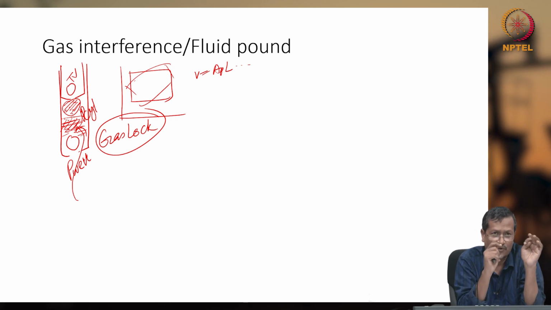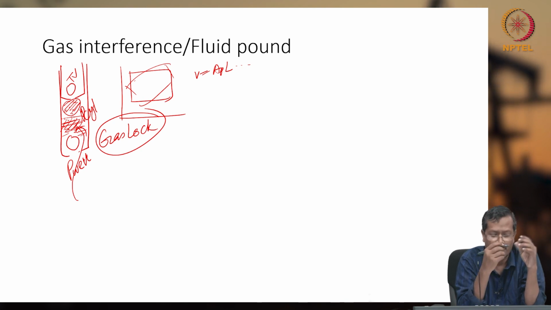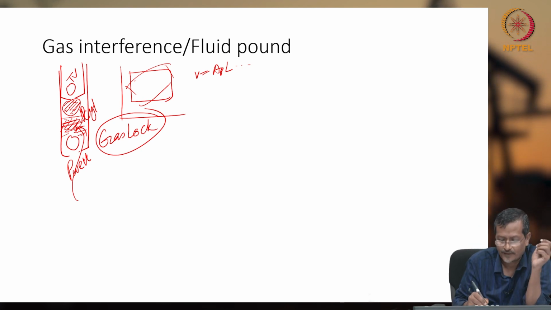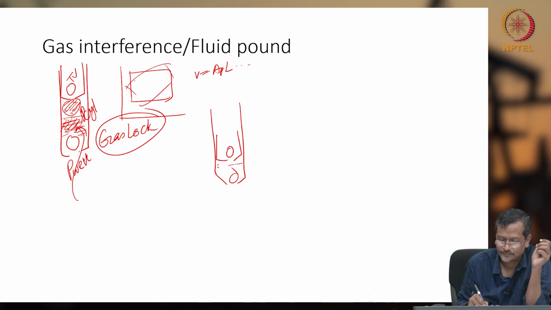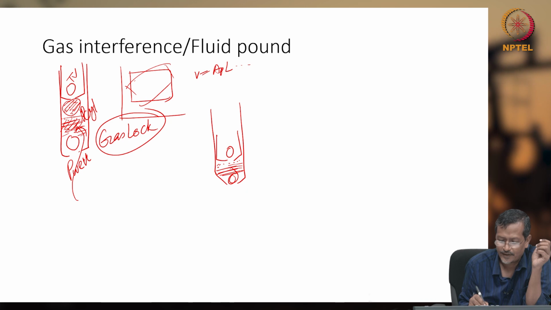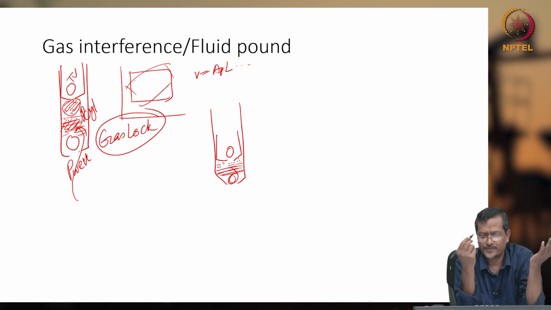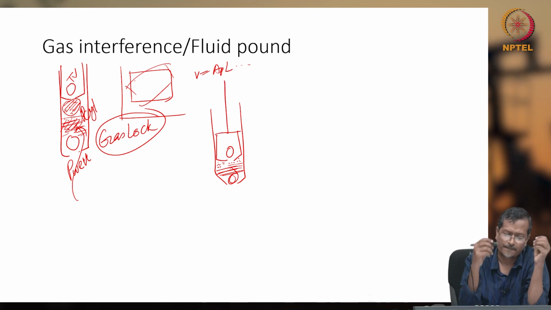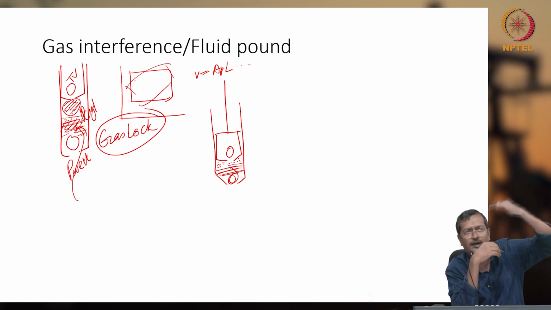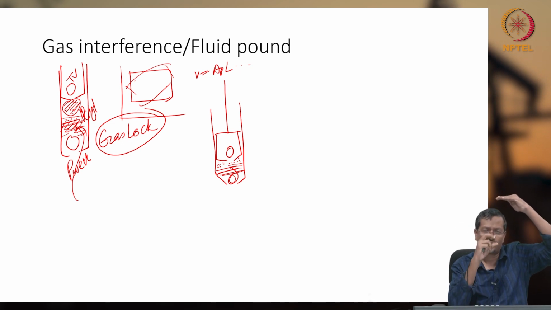So one is the gas lock problem, another problem, as in the title, is fluid pound. What is fluid pound? I have liquid, and I may have some almost very low pressure gas. When the piston is moving up, liquid will be entering the cylinder area.